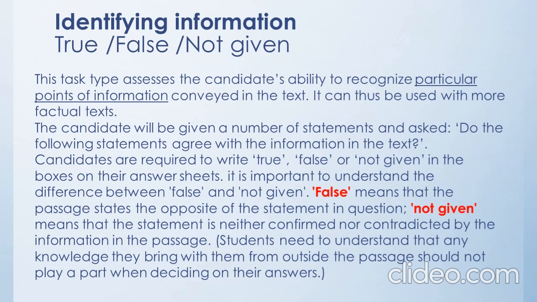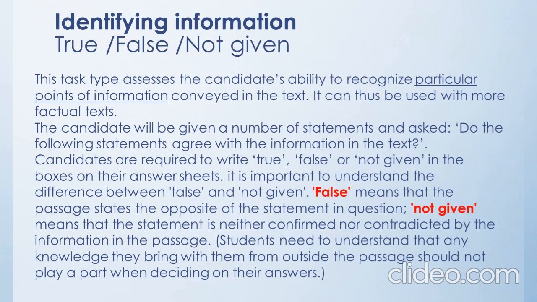So for example, you have some information in the not given statement, and you might think that, okay, actually this is true. For example, if the text is about sugar, and the statement says that consuming sugar harms your health, then automatically you may write it's true based on your own experience, right?